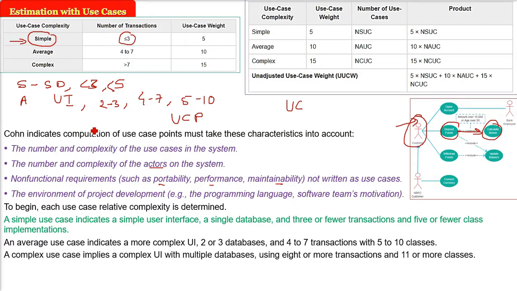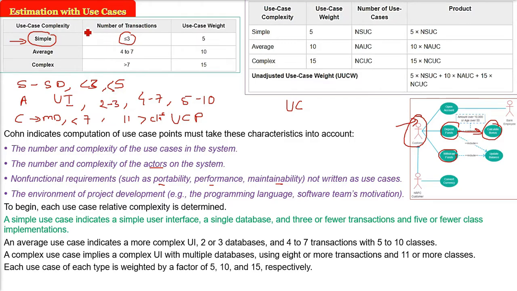When you say my use case is complex, that means you can have a complex user interface, multiple databases, 8 or more transactions, and 11 or more classes. So depending upon that, you will categorize your use cases into simple, average and complex.